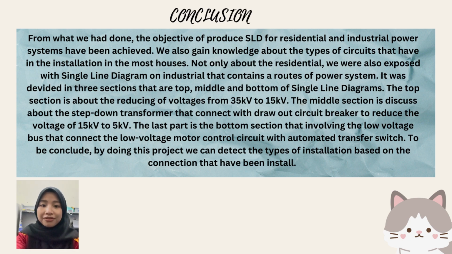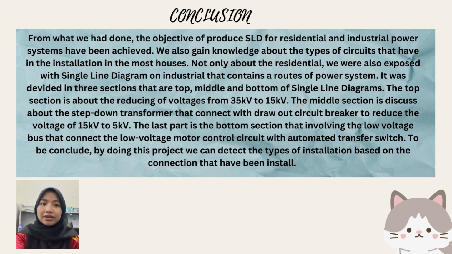From what we have done in this assignment, grouping and doing the report, the objectives of this single line diagram for residential and industrial power systems have been achieved. We also gained knowledge about the types of circuits in the installation in most houses.